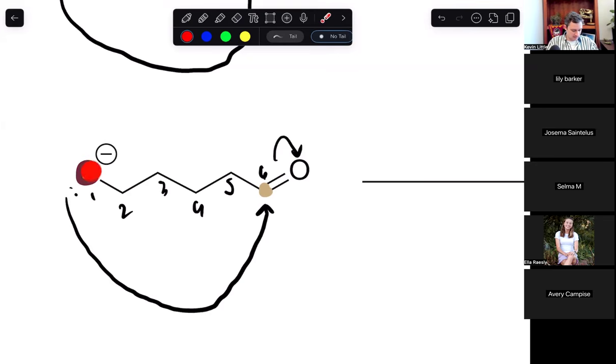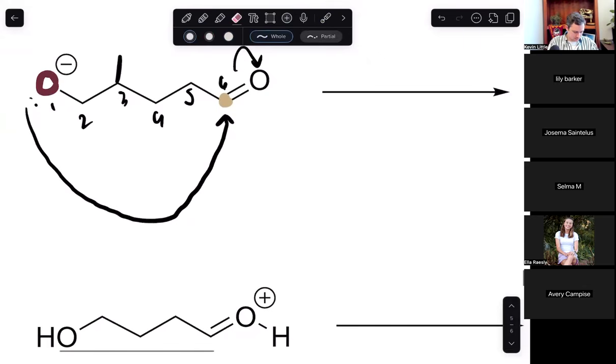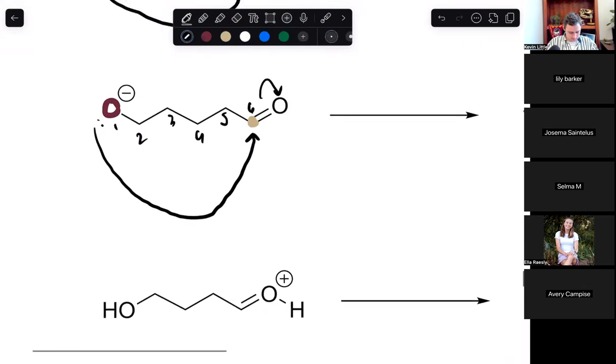Like if this is my right hand and this is my ankle, and I grab my ankle, what's part of the ring is everything between my right hand and my ankle. If my left arm was hanging off over here, that's not part of the chain. That would come off at 3, right? Because it's not directly connecting my hand to my ankle. And we'll see that more in these next practice problems.